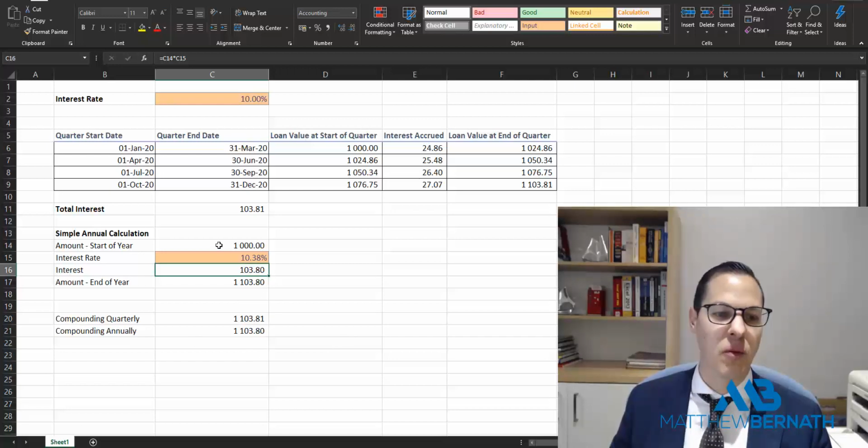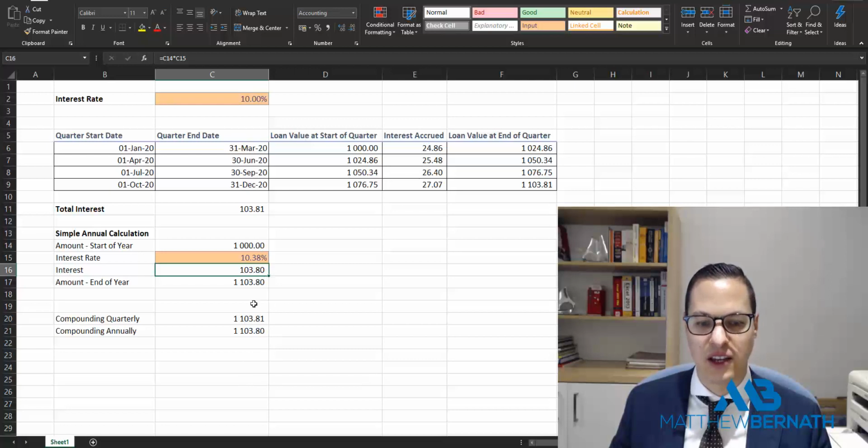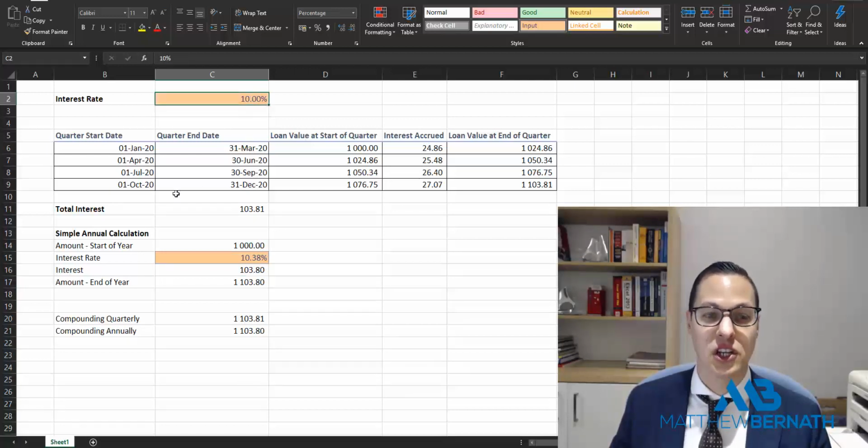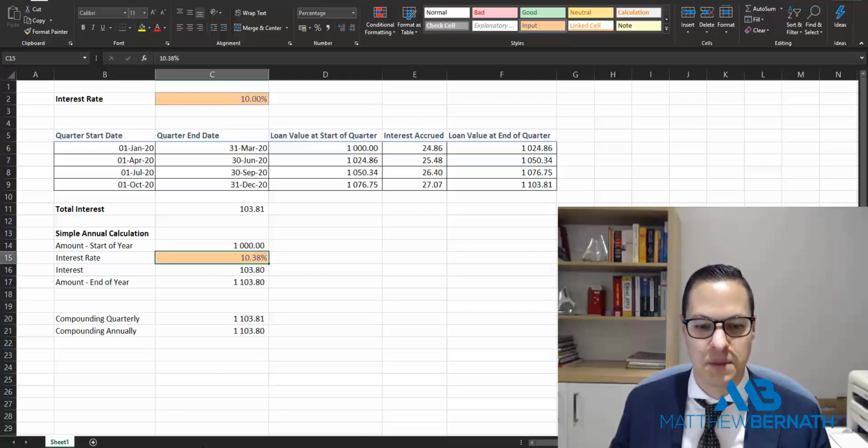There are probably a couple of additional numbers after the 0.38 over there that I didn't include, but we roughly get to the same answer. So quite interesting to note that 10% compounded quarterly is actually equivalent to an annual interest rate of 10.38%.